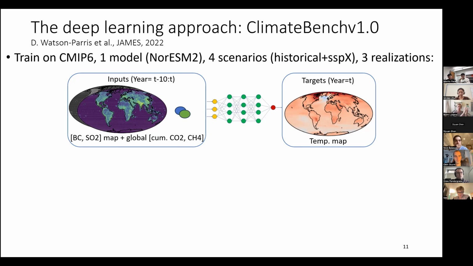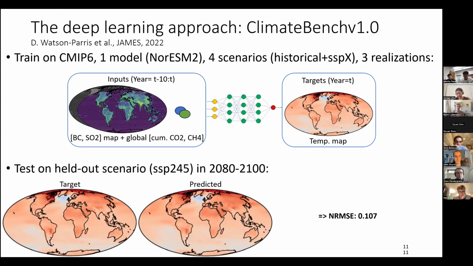So now we have 2 global maps and 2 global inputs multiplied over 10 time steps. They used this as input to various machine learning architectures, and the target was to predict a map of some climate variable, specifically temperature, diurnal temperature range, precipitation, and extreme precipitation.